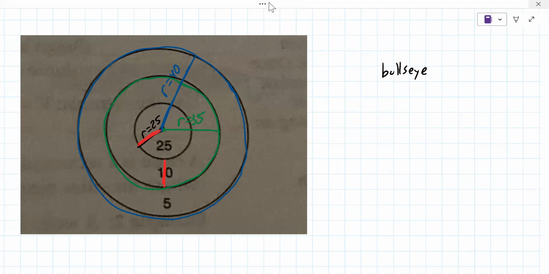So let's find the circumference of each of these. Let's start with the smallest one, this middle one. What is the formula for circumference?